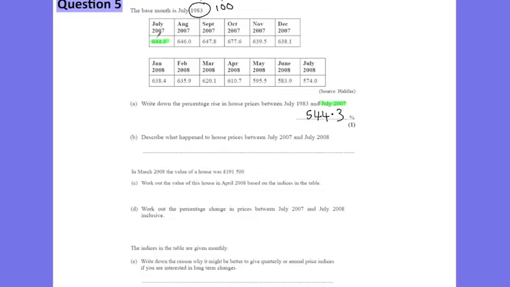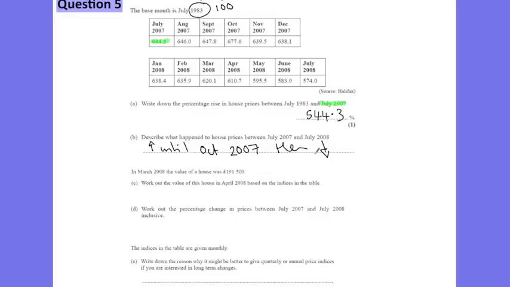So with increases until October 2007, there's a further increase, and then decreases. It's really important there that you identify that there's an increase followed by a decrease.